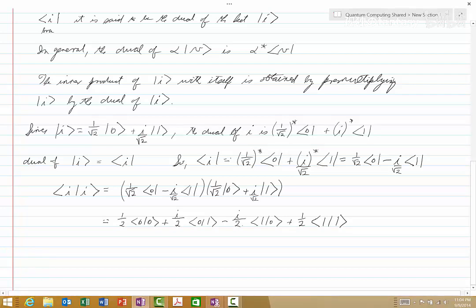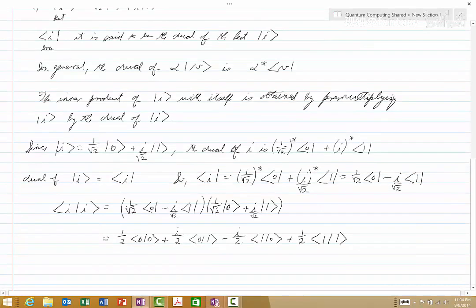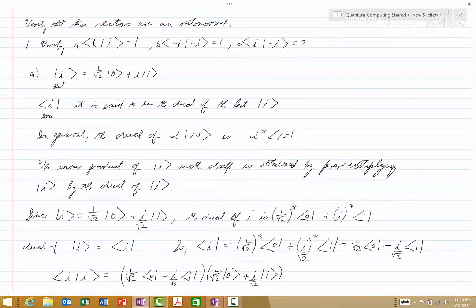There's still another, sorry, I guess I've made this mistake throughout the entire presentation. So just to make sure that this is clear, the ket I is defined as 1 over square root of 2 times the 0 ket plus I over the square root of 2 times the 1 ket.